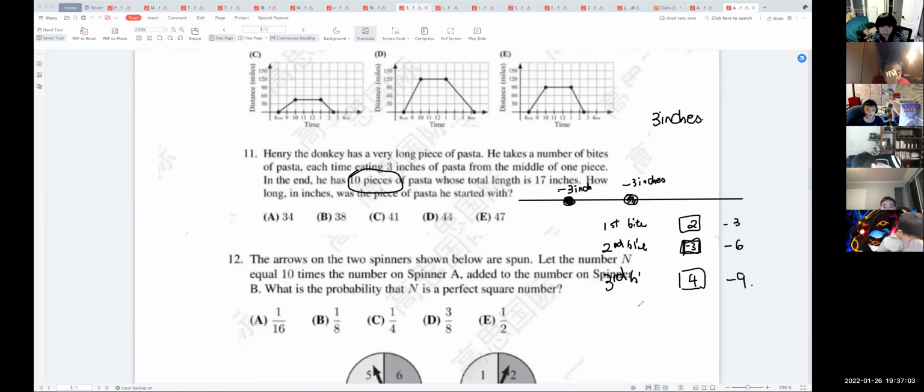那老师问你们，现在一共有10 pieces of pasta. So how many bites does this donkey make? So 1 bite, 2; 2 bites, 3; 3 bites, 4.